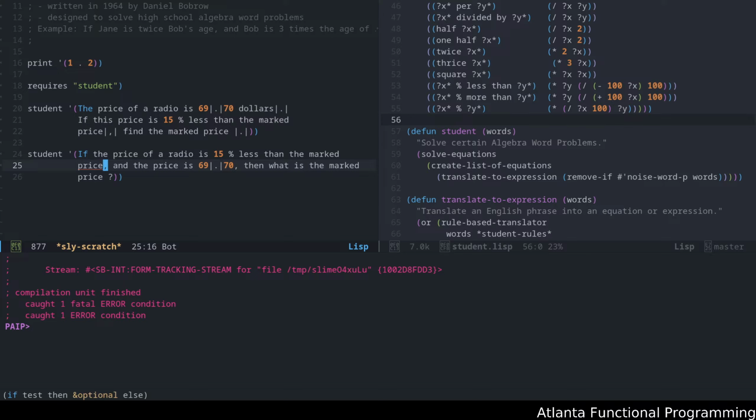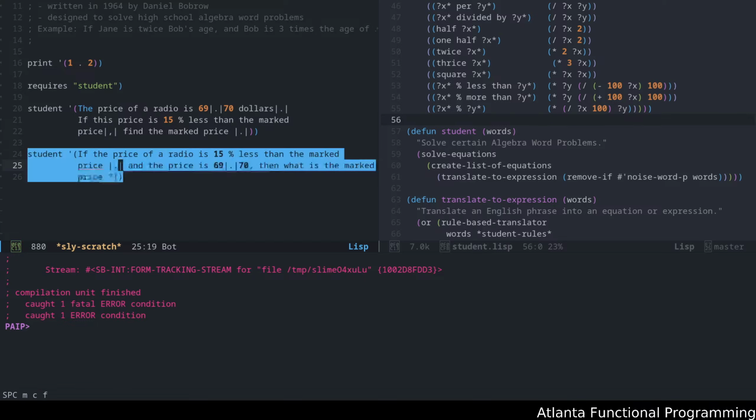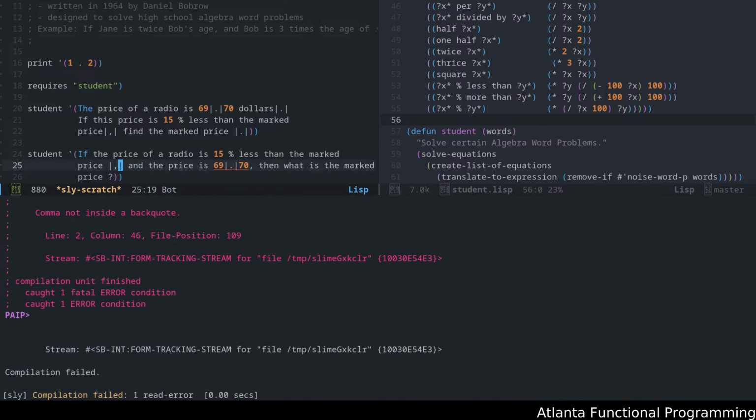Oh, right, because I added that. I have to do this. Okay. Oh, and I have to also add this special character here. Okay.